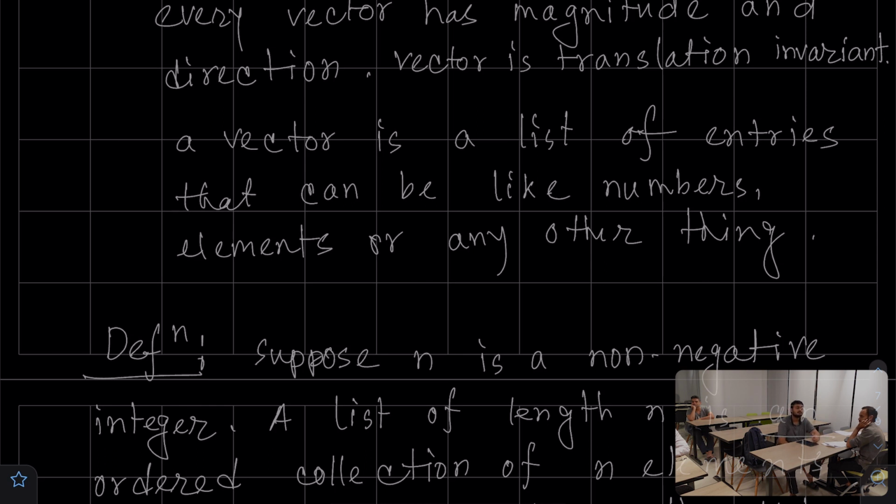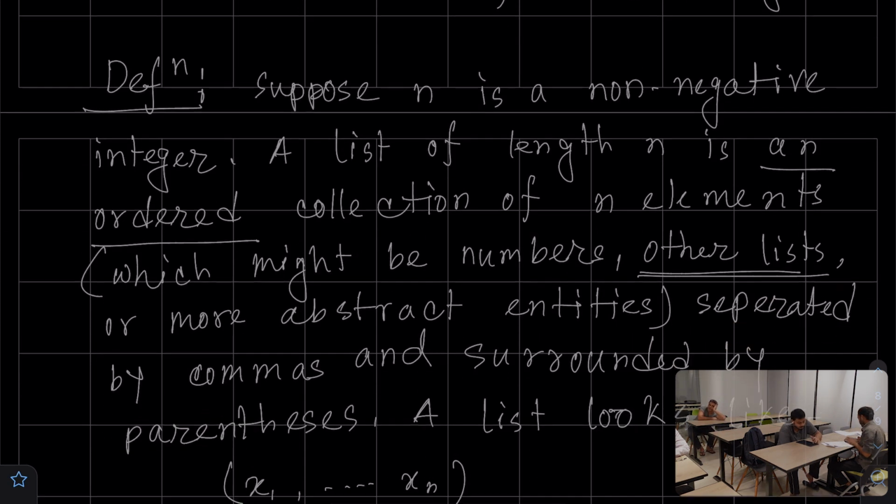If you have the same direction and same magnitude of that vector, then translation doesn't actually matter.